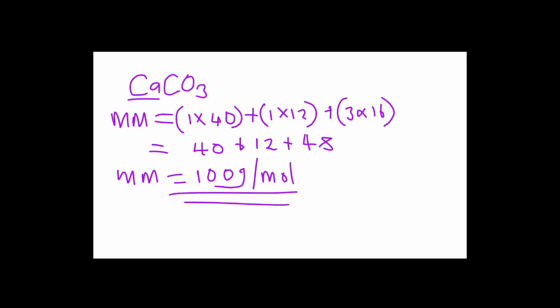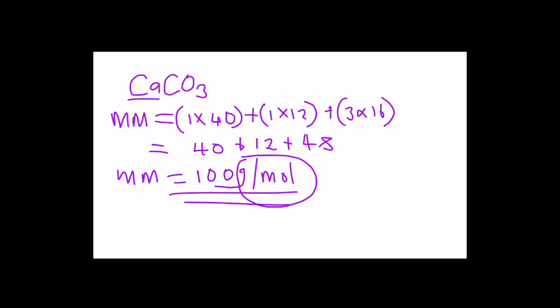Remember, we said molar mass has units, while relative formula mass has no units. So what is the interpretation of the units here? When we say grams per mole, what does it mean?